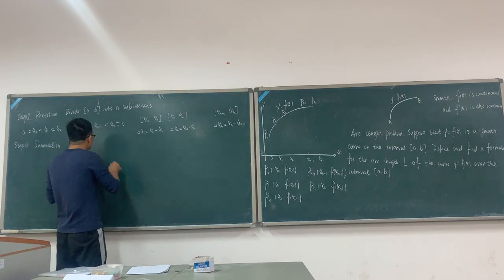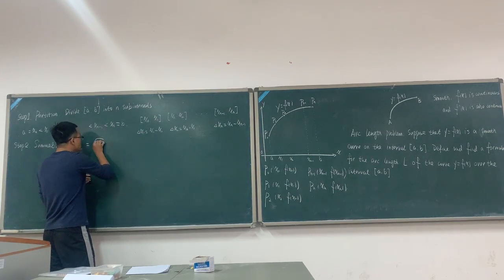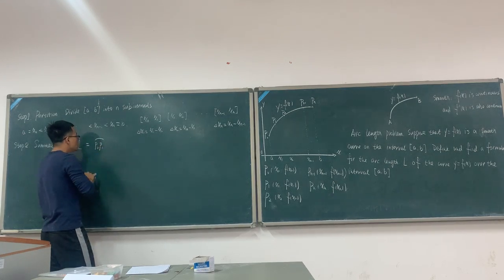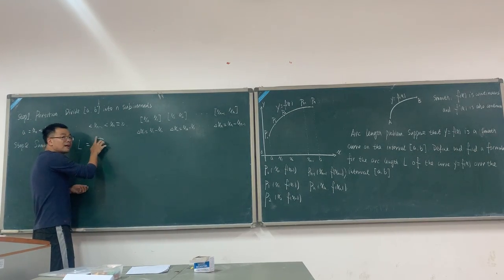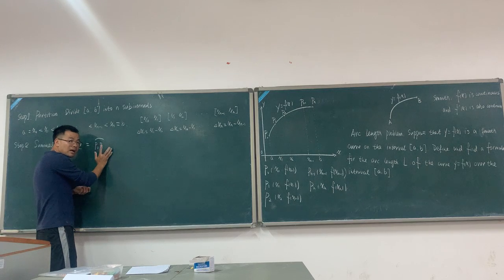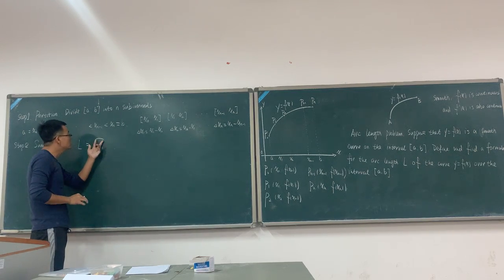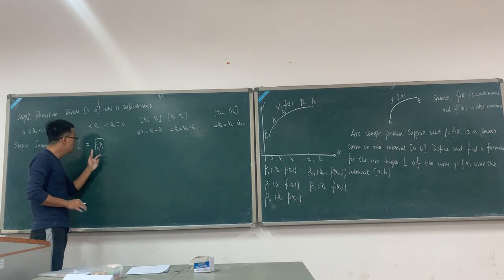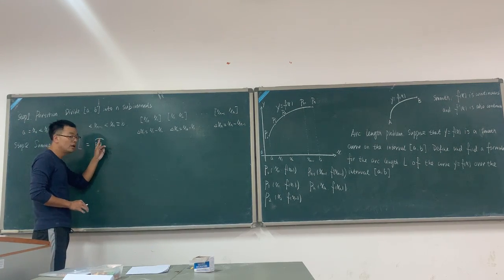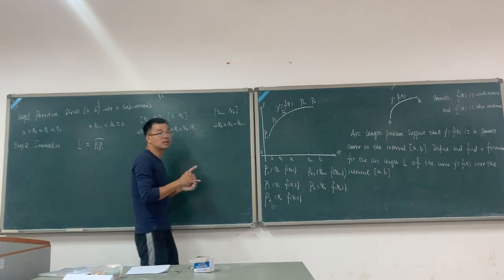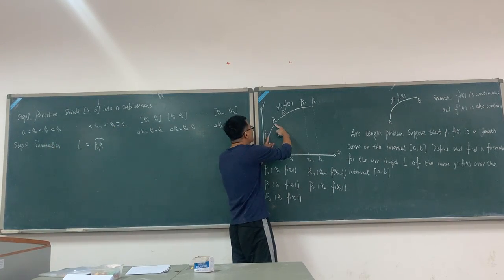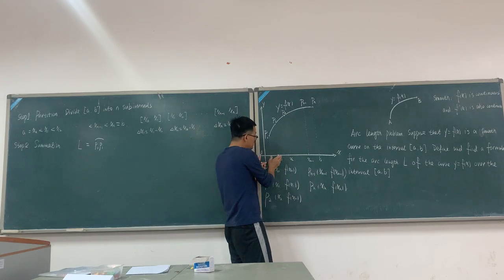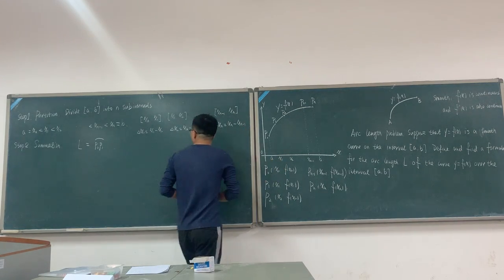So L is actually equal to the length of the arc P0P1. Here we use this hat notation: P0P1 hat denotes the arc length on this interval.